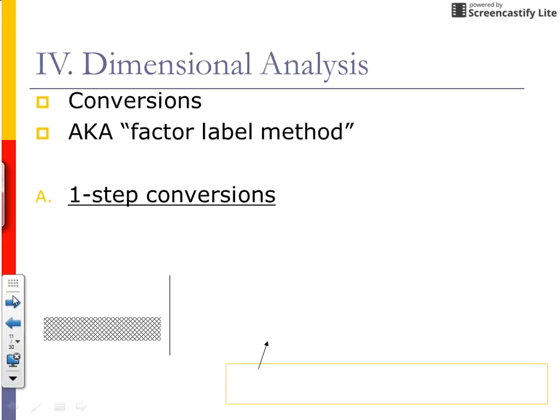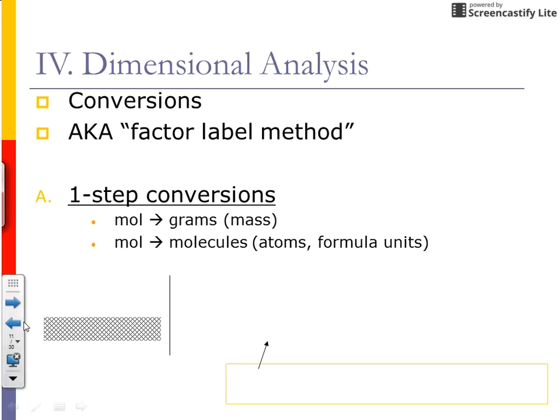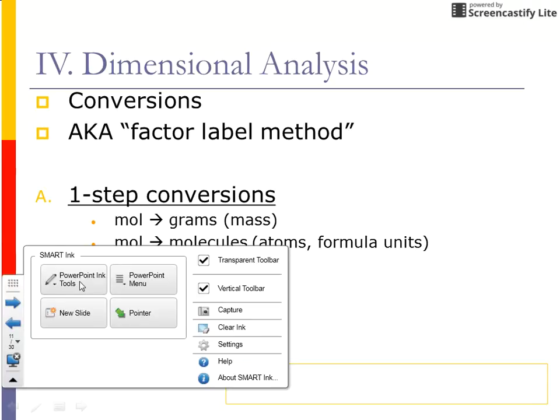When you are reading the problems that we're going to look at for our examples in a few minutes, there are some things you want to look out for. You're going to be seeing words such as moles. Remember, that's our SI unit for the amount of a substance. You might see grams or mass. You might also see molecules, atoms, or formula units mentioned.